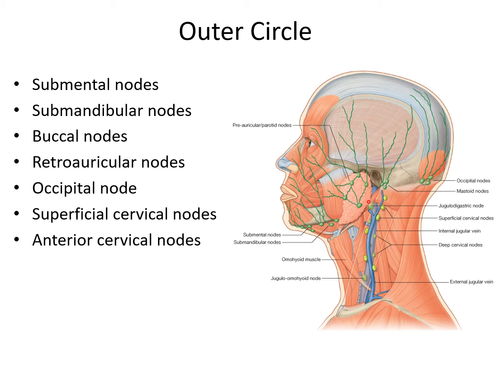So if we start seeing these lymph nodes, they include the submental group of lymph nodes, the submandibular group of lymph nodes. Then we have the buccal group of lymph nodes here, and then we have the parotid or the retroauricular lymph nodes and the occipital group of lymph nodes. Few lymph nodes, the superficial cervical lymph nodes and the anterior cervical lymph nodes, are represented as the detached lymph nodes of the outer circle. We'll be seeing these lymph nodes in the subsequent slides.